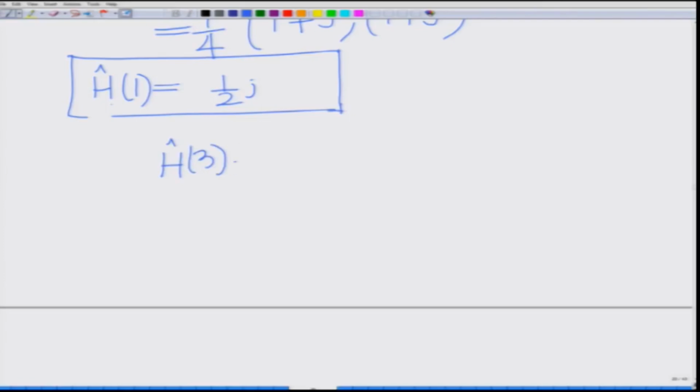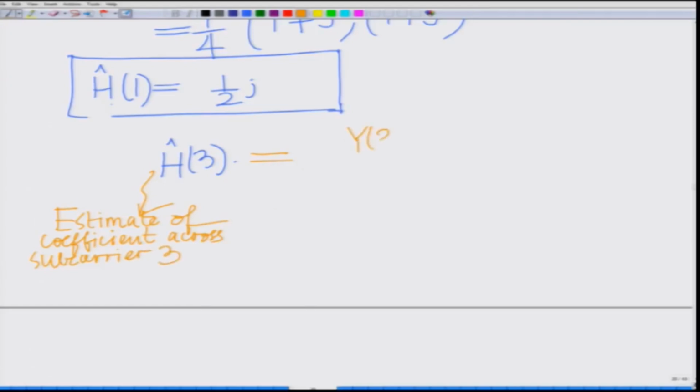This is the estimate of the channel coefficient across subcarrier 3, and this is equal to y3 divided by x3, and once again from above we know both capital Y3 and capital X3.